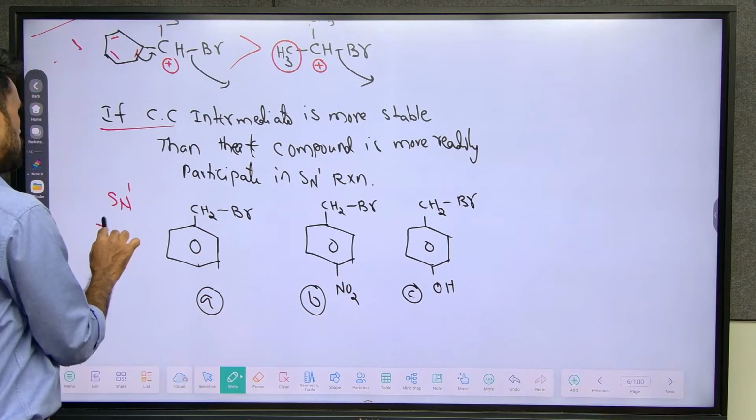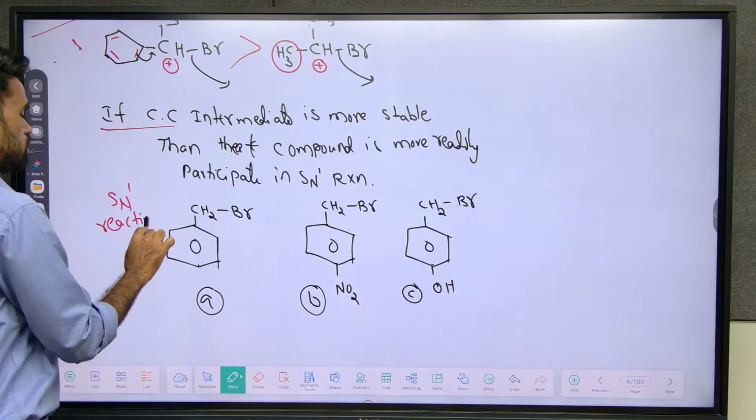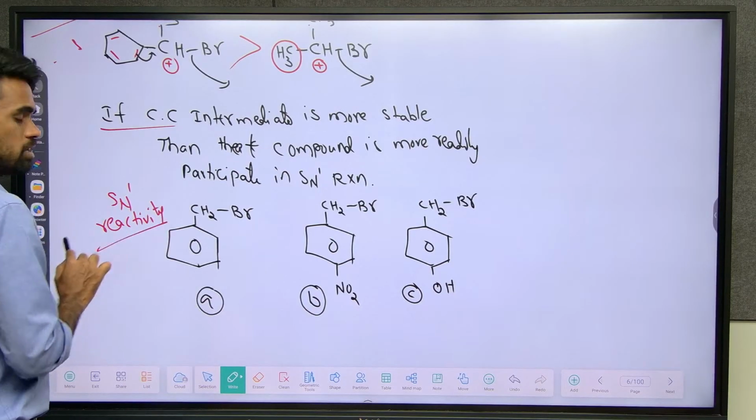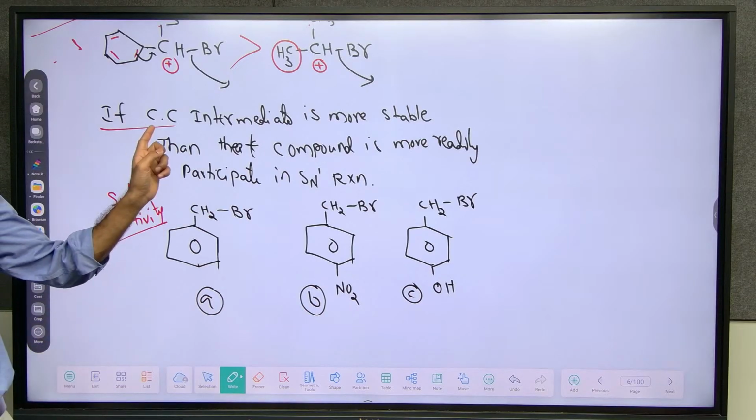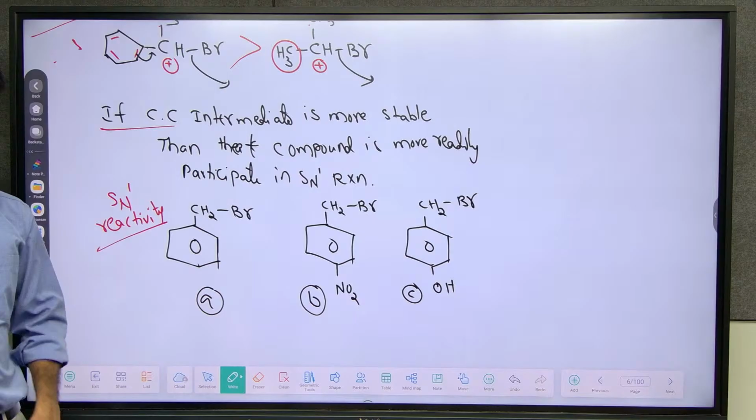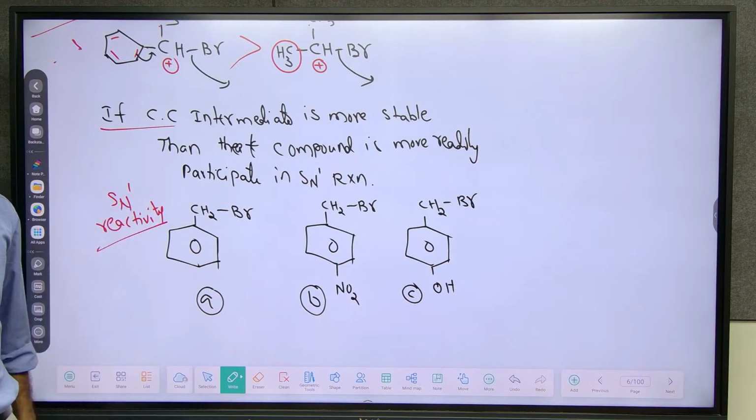SN1 reactivity order. Which reactivity order am I asking? Fast. What to check? Check the carbocation intermediate after removing those bromides. Which carbocation is more stable? Fast. C is more stable.